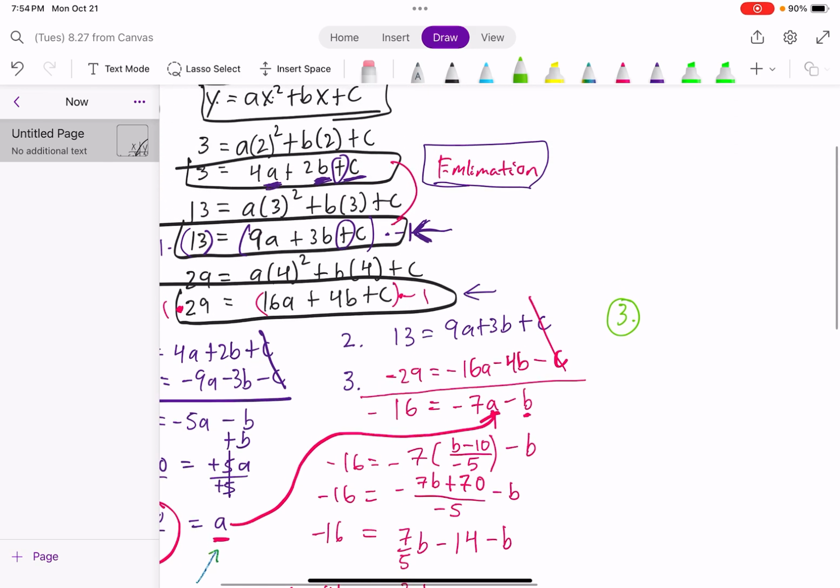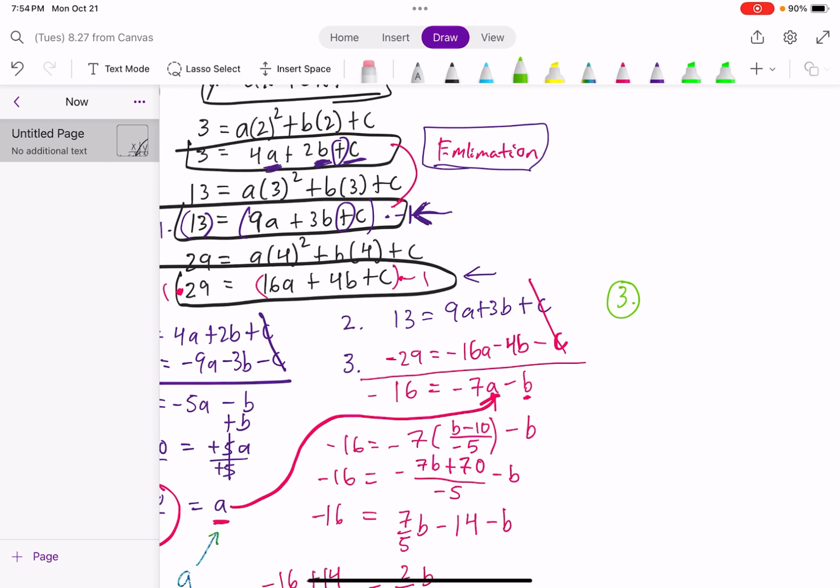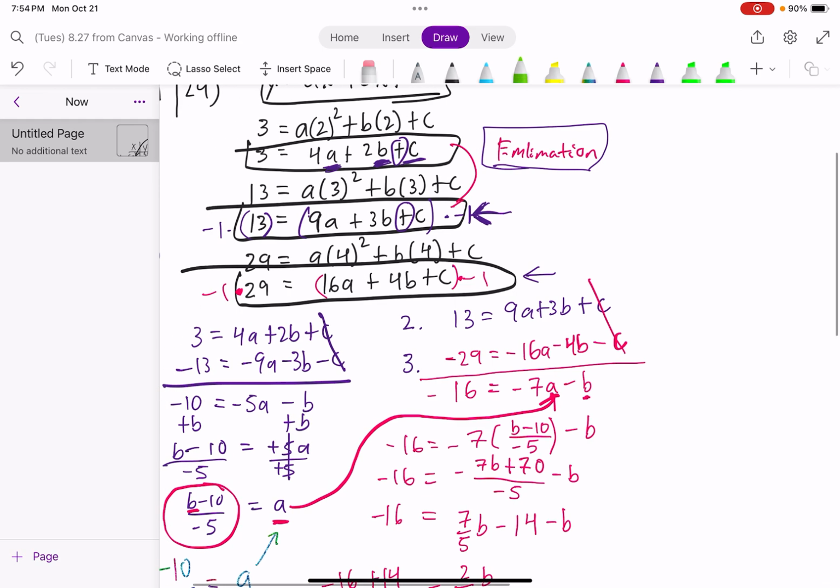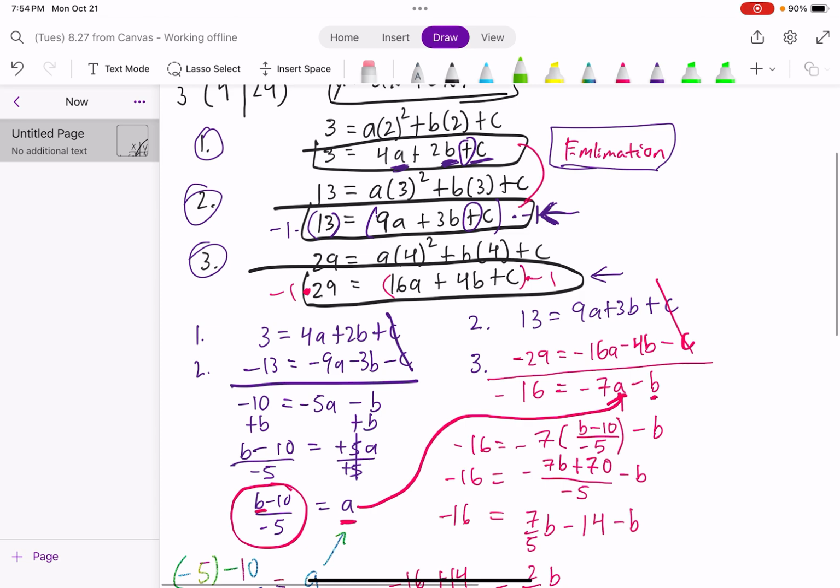Actually, I'm going to use equation 1 because it's going to use less numbers, numbers with lesser magnitudes. Instead of 29, I want 3. It's more simple. So equation 1 right here.